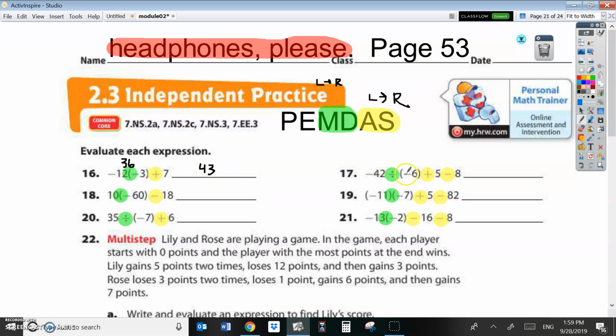Negative divided by a negative is a positive. 42 divided by 6 is 7. 7 plus 5 minus 8. So that's going to be 12 minus 8 is 4.